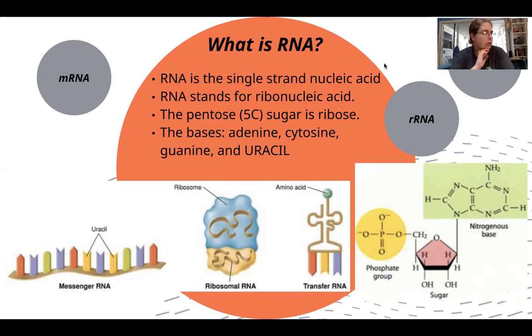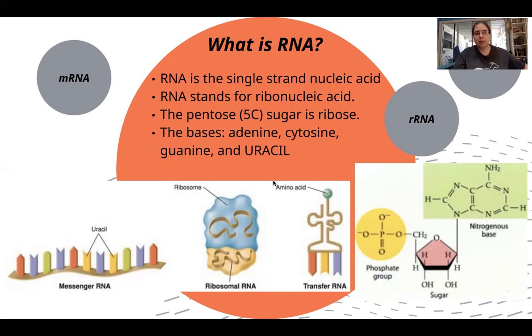There is no thymine in RNA. Instead, we have uracil. Uracil is the base that replaces thymine. It does all the same things that thymine does. It is a pyrimidine. It can form 2 hydrogen bonds, and it is complementary to adenine. But we see uracil in RNA, we do not see thymine.